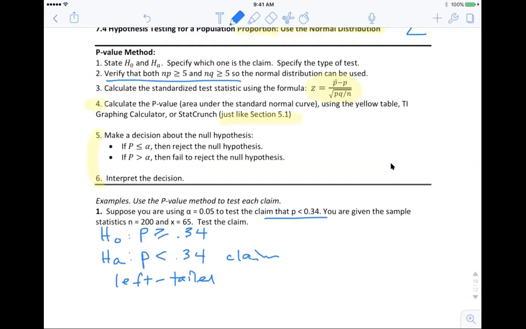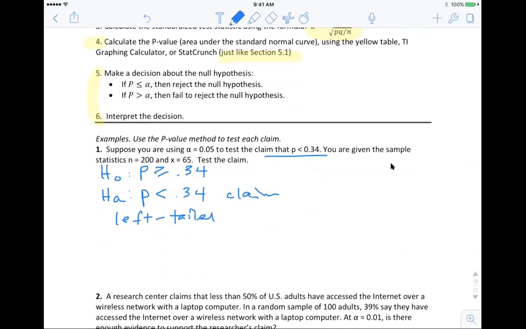So in this example, it's kind of a general example, you're asking 200 people and 65 respond with some answer, right? So that's enough. That means 200 minus 65, 135, answered the other way. Both of those are larger than 5, so we're good. That's all you're worried about there. Okay, so let's get right to the meat of the problem and finding that z-score.